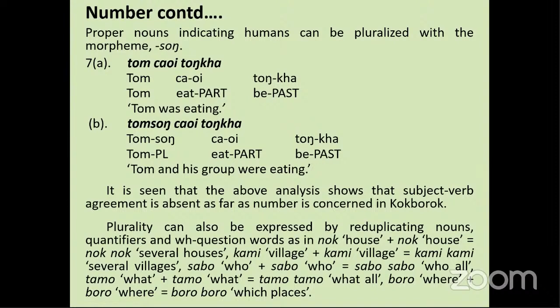Again, it is seen from the above analysis that subject-verb agreement is absent as far as number is concerned in Koborok. So plurality can also be expressed by reduplication, like noun reduplication, quantifier reduplication, and question word reduplication.